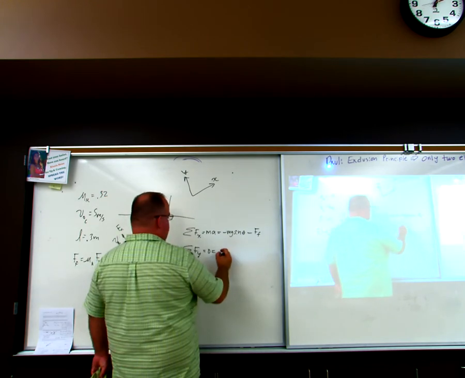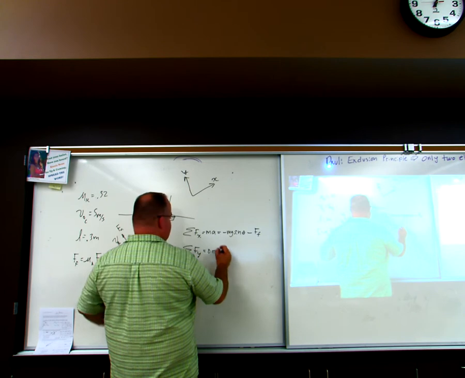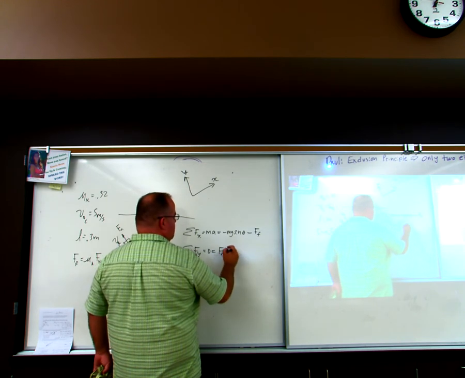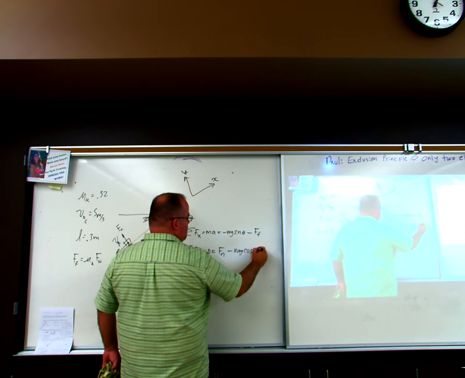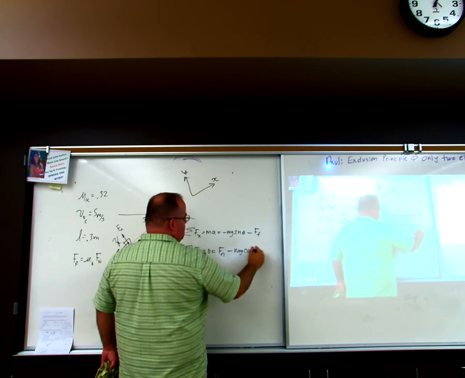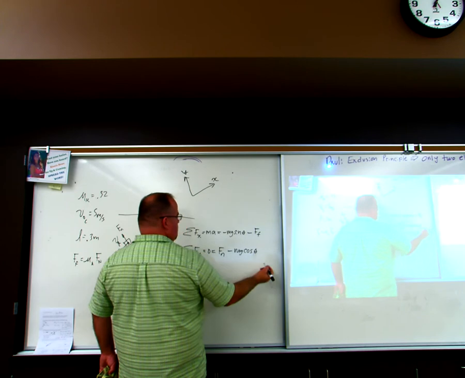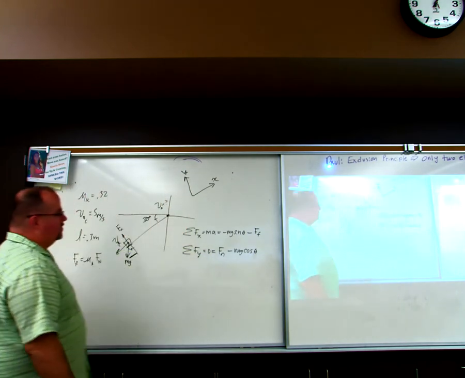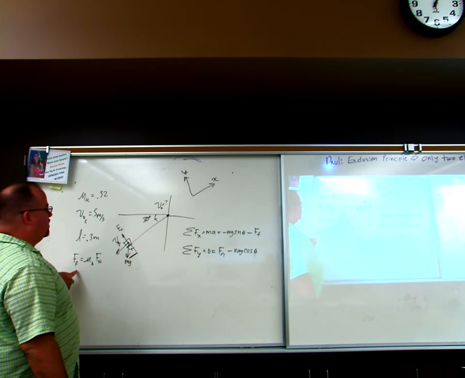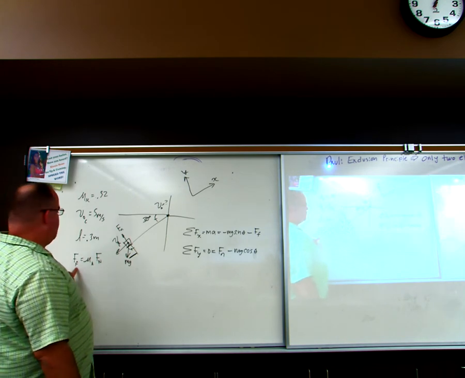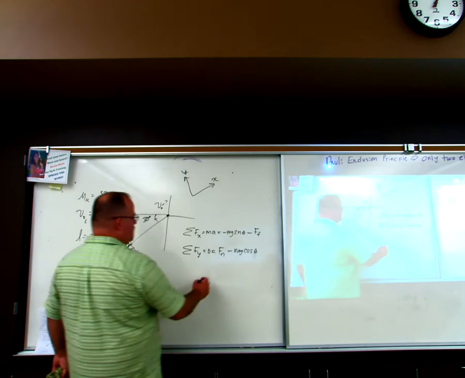So then it's F sub n minus mg cosine theta equals 0. Then you solve this just like the other one.